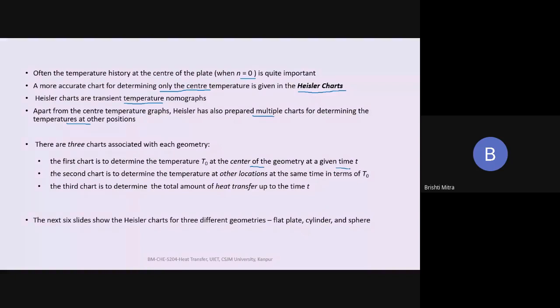The second chart is to determine the temperature at other locations at the same time in terms of the initial temperature. The third one is to determine the total amount of heat transfer up till this particular time t. We will try to see these plots for the three different geometries: a flat plate, a cylinder, and a sphere.